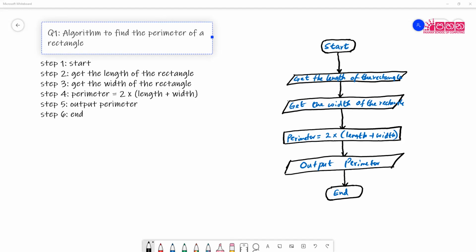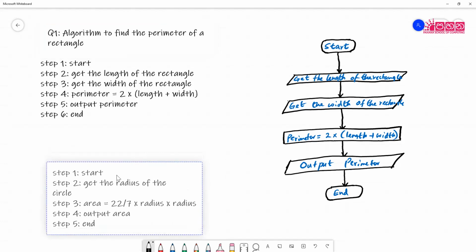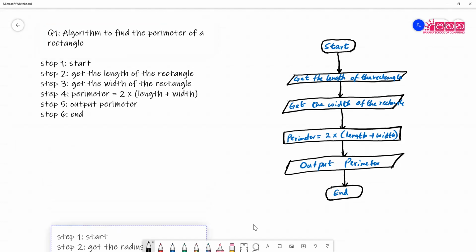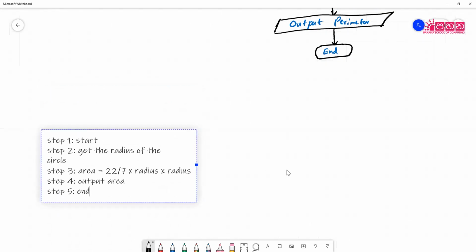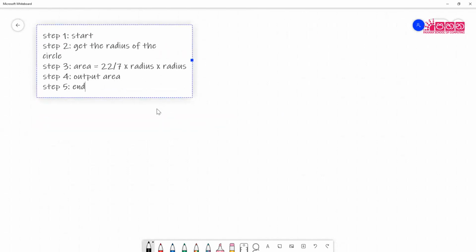So you draw it and you may send it to me on WhatsApp. So this is the second one. Can you draw the flow chart and send it to me for this one?